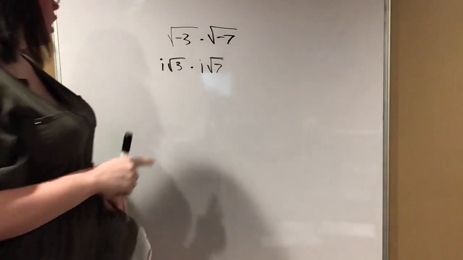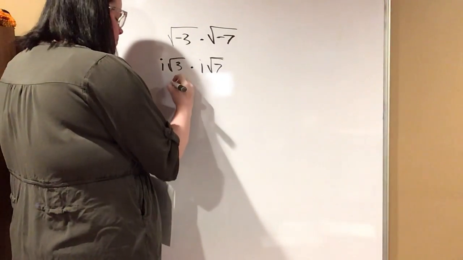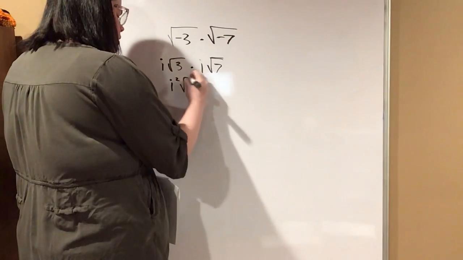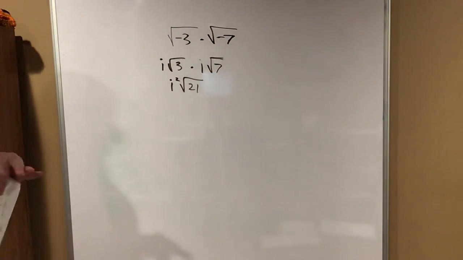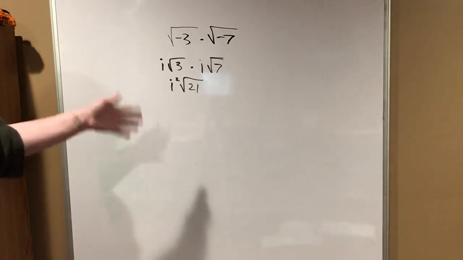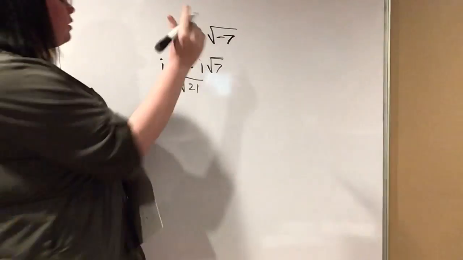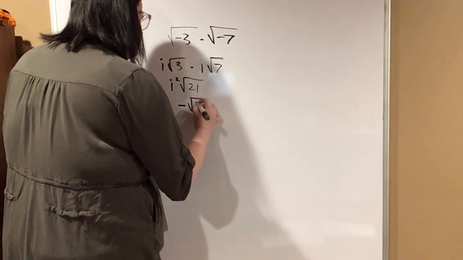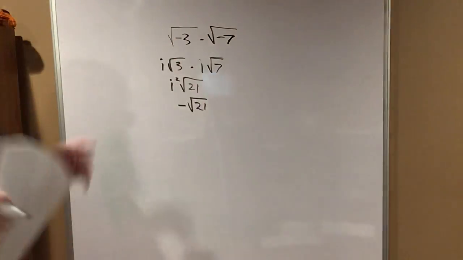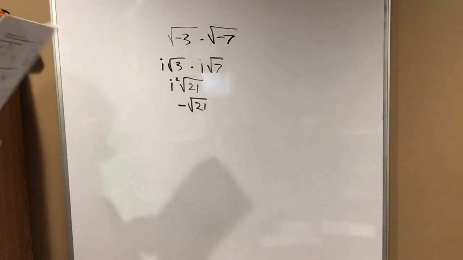Just multiply straight across. i times i is i squared, and 3 times 7 is 21. What did I tell you guys i squared was? i squared is negative 1. So to simplify this, it's actually the negative square root of 21. We've simplified that by pulling i's out.